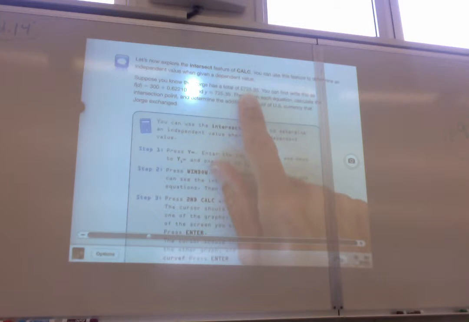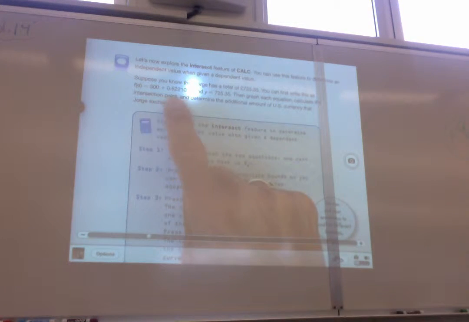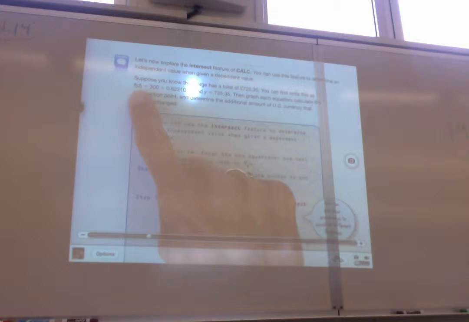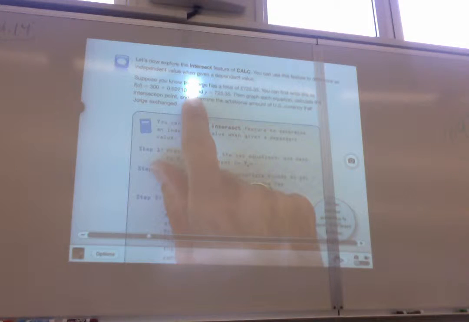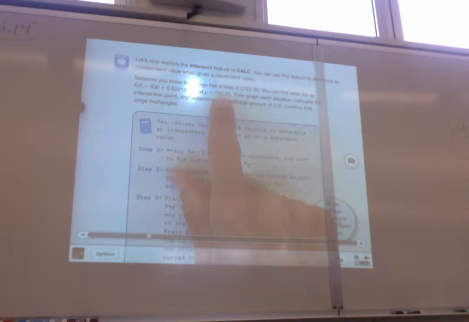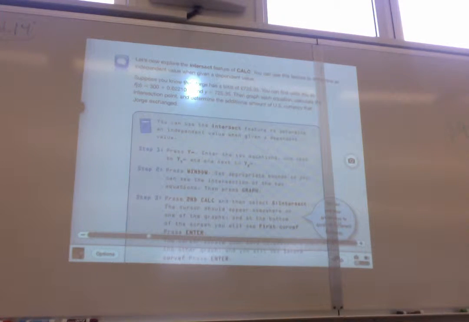You can first write this as f of d equals 300 plus 0.62211d and y equals 725.35. Then graph each equation, calculate the intersection and determine the additional amount of U.S. currency that George is using.